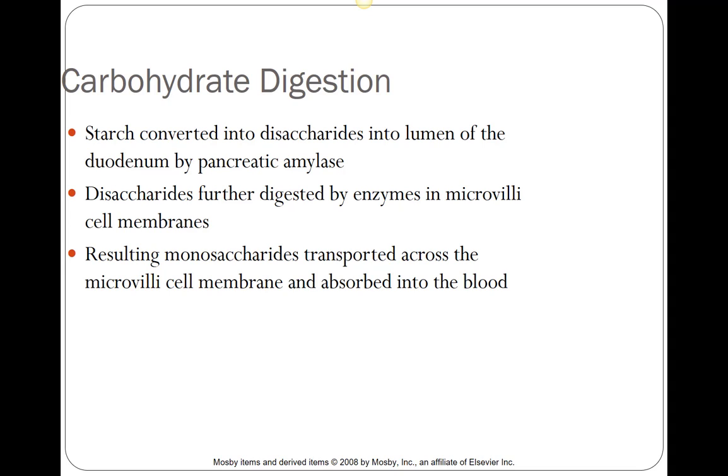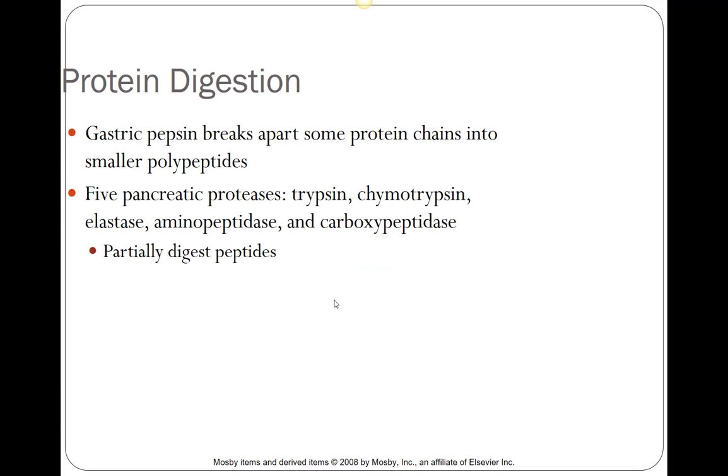Carbohydrate digestion: starches are usually converted in the lumen from polysaccharides into disaccharides. This usually starts in the duodenum by the pancreatic amylase, and it actually starts with the salivary amylase too. Disaccharides are further digested by enzymes in the microvilli that turn them into monosaccharides, to make them very easily transported across the cellular membrane of those epithelial cells.